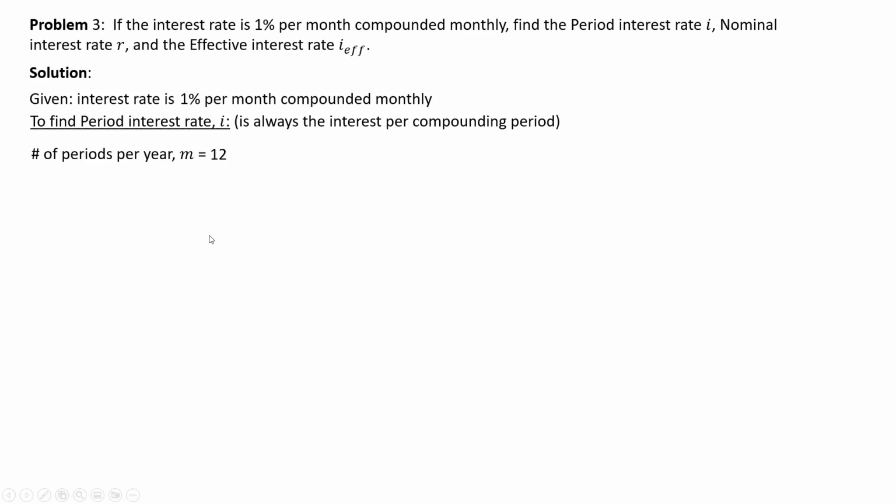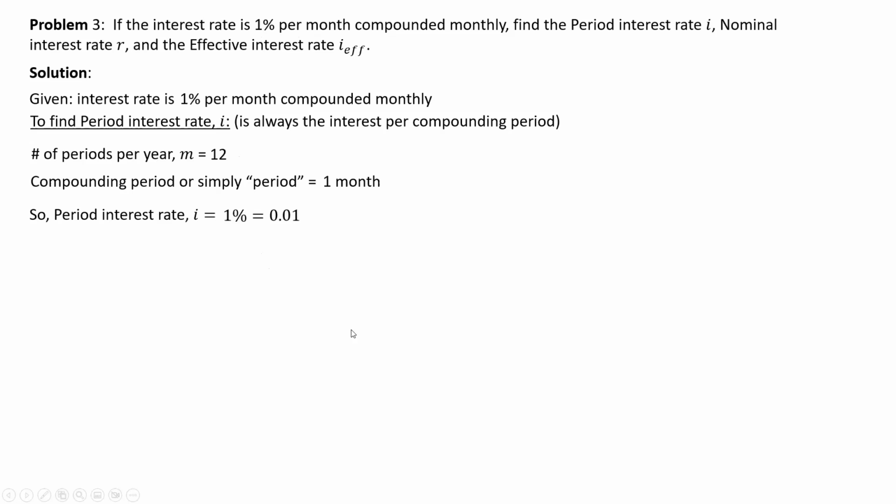Monthly, so 12. Cool. Compounding period or simply period is what? 1 month. Period interest rate I is for one period, that is for 1 month. Well, luckily the given interest rate is already per month, so it is simply 1% or 0.01.